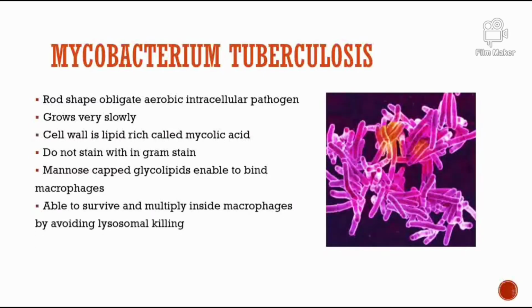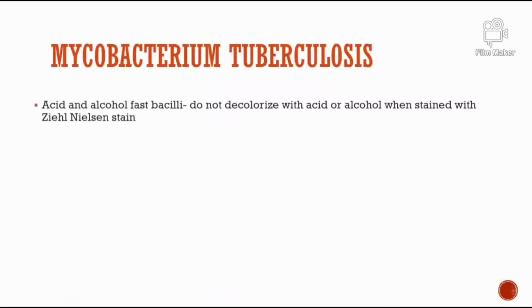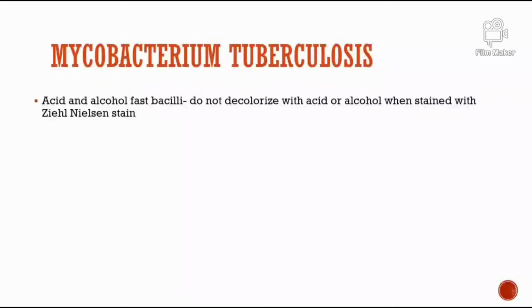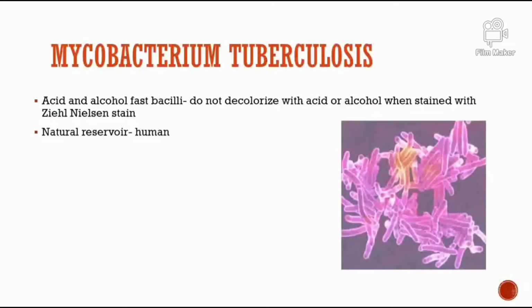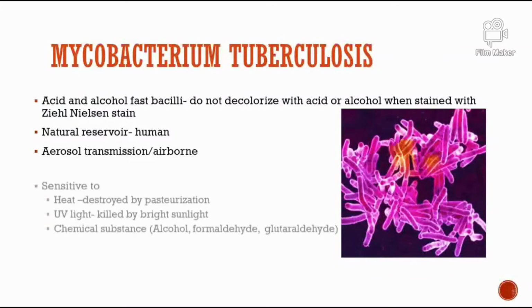It is able to survive and multiply inside macrophages by avoiding lysosomal killing. Next, it is an acid- and alcohol-fast bacillus and does not decolorize with acid or alcohol when stained with Ziehl-Neelsen stain. The natural reservoir of Mycobacterium tuberculosis is humans, and it is transmitted through the airborne route.